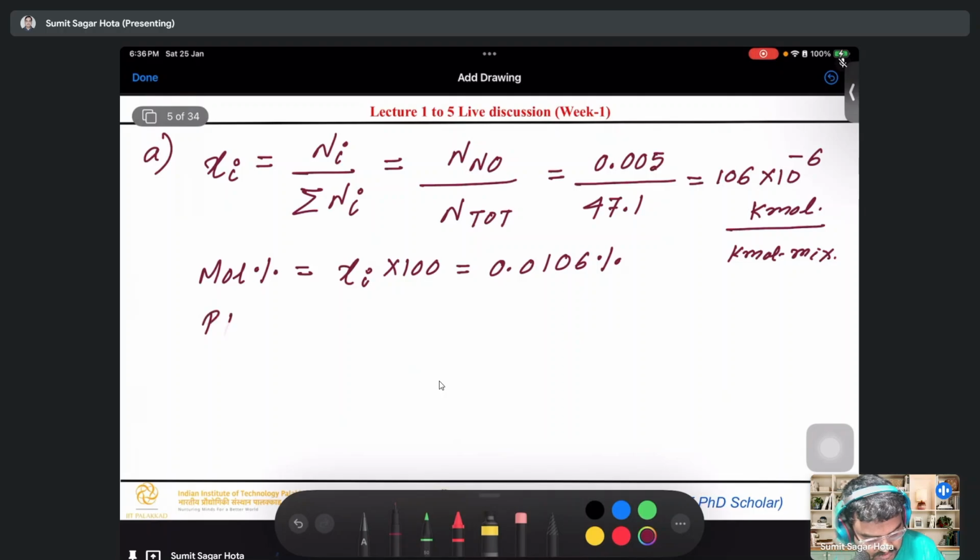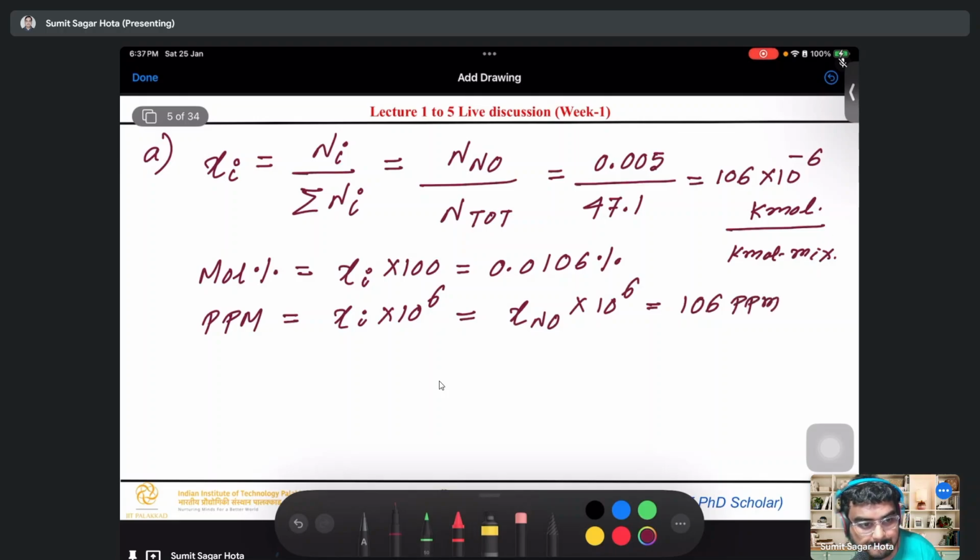What is the ppm? Chi i into 10 to the power 6, chi of NO into 10 to the power 6, equal to 106 ppm.